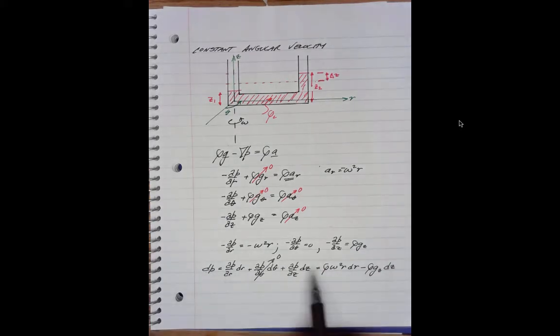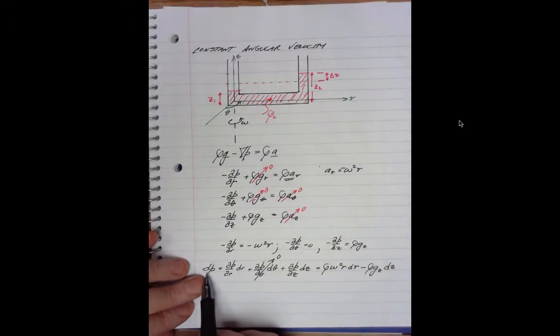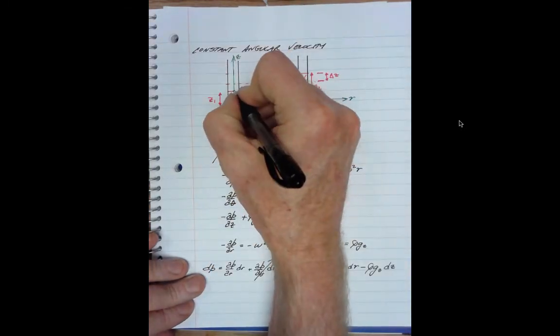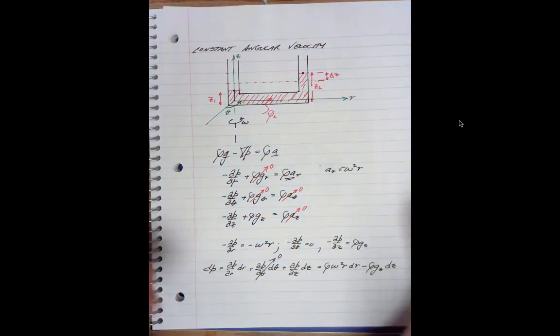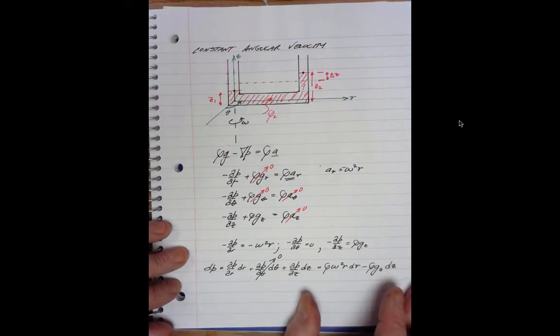So that's our variation of pressure. Now we're going to integrate this dP term to find a formula, and then we're going to take advantage of knowing that the pressure there and the pressure there are the same, and then that will give us the result that we need.